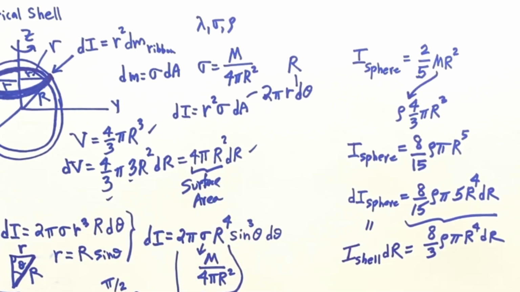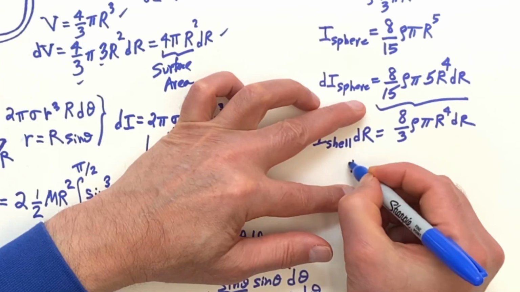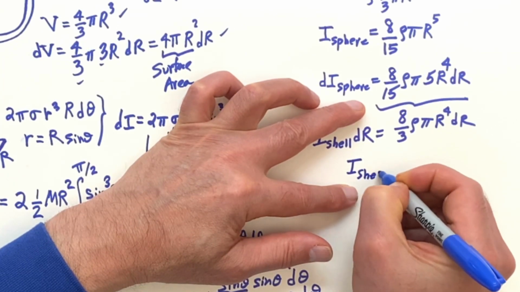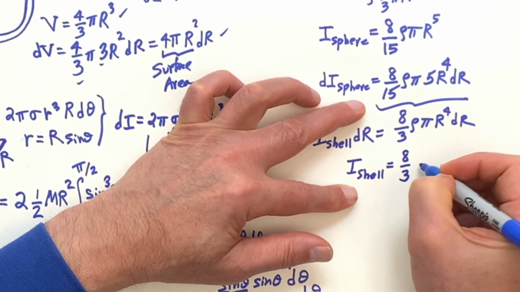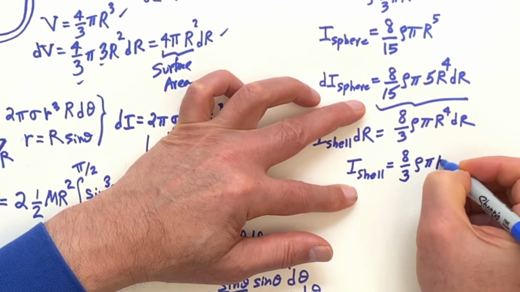So here we have this equation. Write down I shell is equal to 8/3 rho pi r to the 4th.